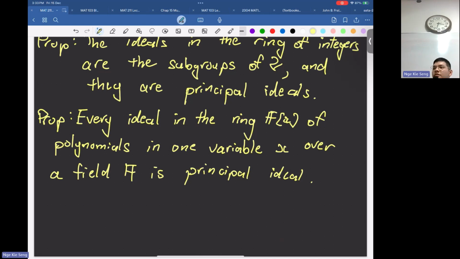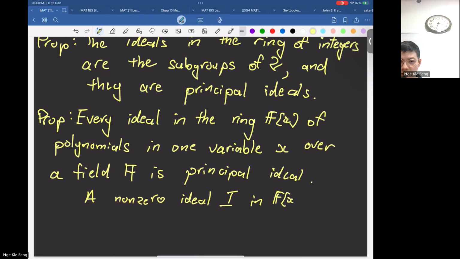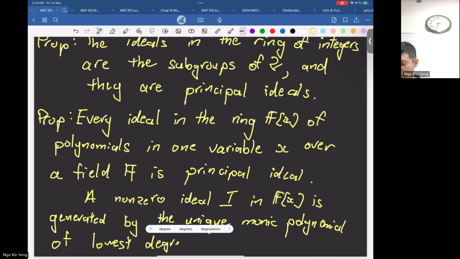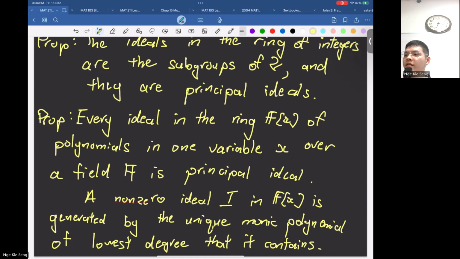We divide by a monic polynomial. So a non-zero ideal I in F[x] is actually generated by the unique monic polynomial that it contains. This unique polynomial will play a role like the GCD in the integers.